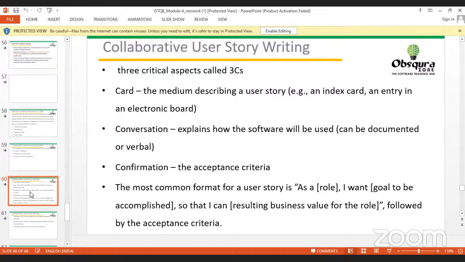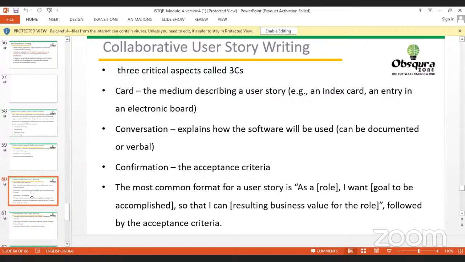In that card, you can specify the user story. Conversation explains how the software will be used, and can be documented or verbal. So then you will have the conversation on that user story, on how the software works and all. Then confirmation. Confirmation will be the acceptance criteria.